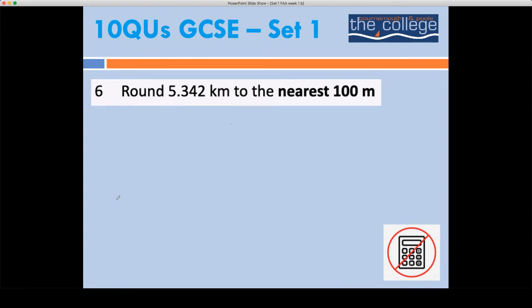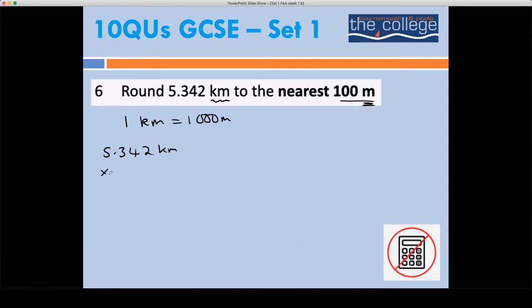Okay, now this one, you've got kilometers here, and they're talking about nearest 100 meters here. So this should always make you think, I've got 2 different units of measure. So you need to actually make them so they're the same unit of measure. Because 1 kilometer equals 1,000 meters, to get from kilometers into meters, you would times by 1,000. So 5.342, there's your first bit, kilometers.